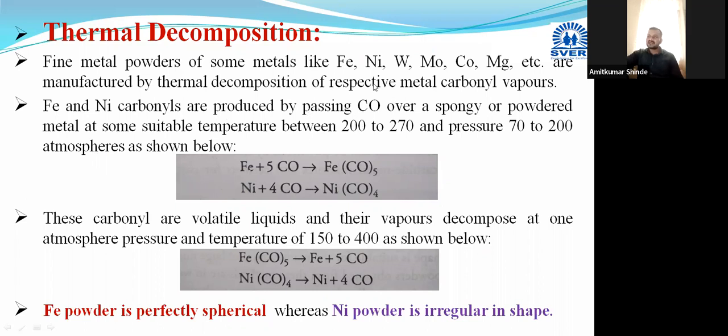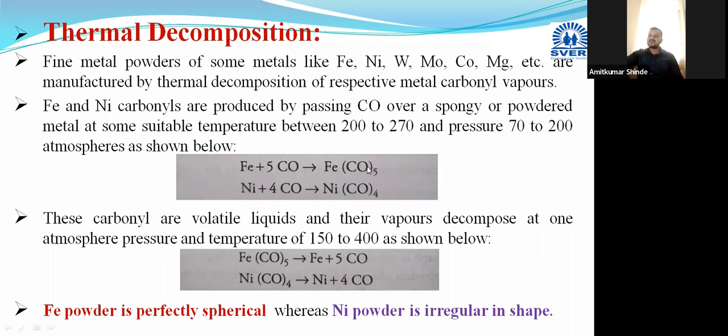By passing carbon monoxide over the iron metal at a temperature of 200 to 270 degrees Celsius and 70 to 200 atmospheric pressure. Okay, then this iron, due to the presence of carbon monoxide, will form its respective carbonyl. Okay, this Fe(CO)5 is iron carbonyl. Iron carbonyl.